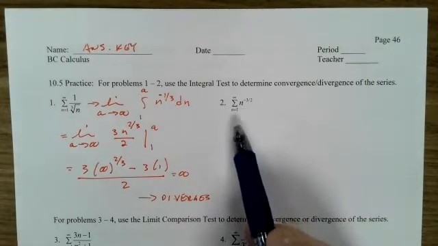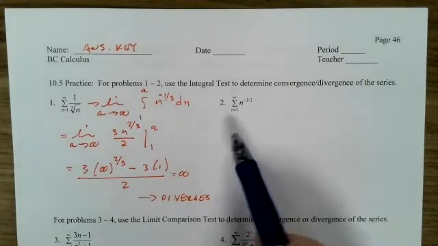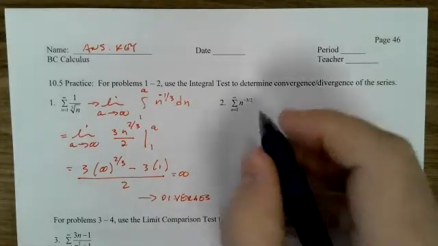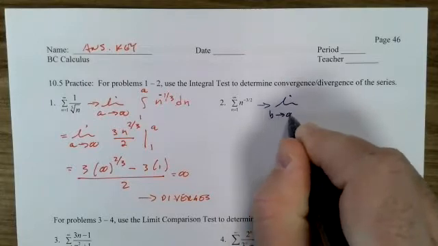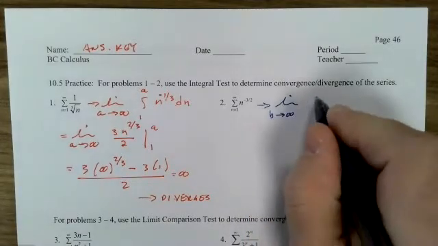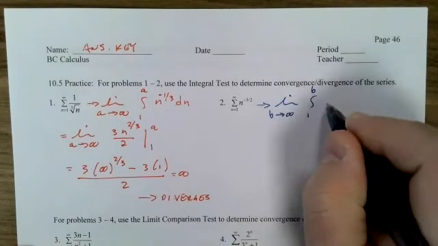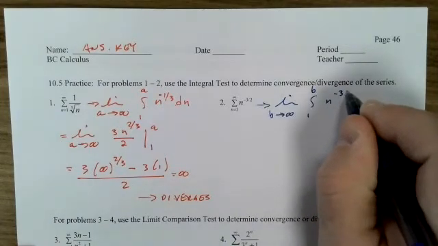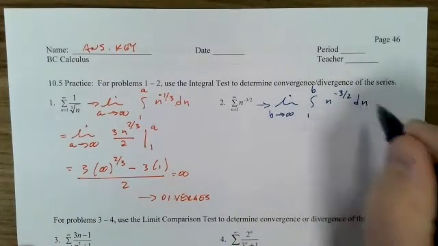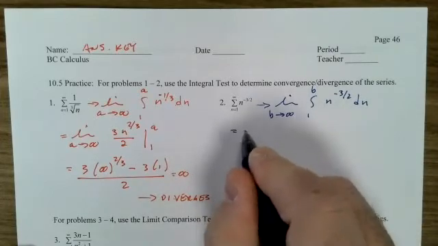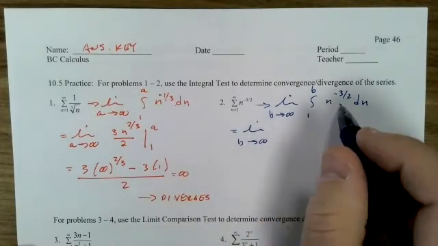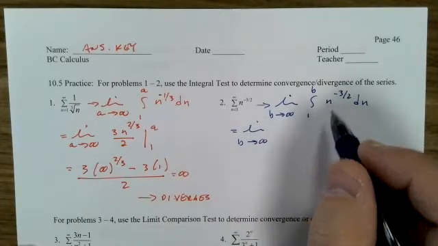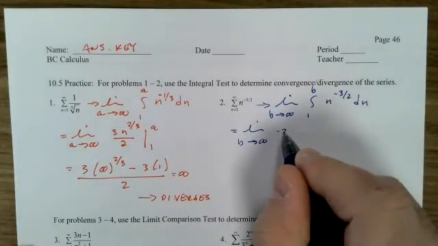Now this is n to the negative 3/2. That's going to be 1 over n to the 3/2. This one's going to work. So limit as b goes to infinity, integral from 1 to b, n to the negative 3/2 dn. Add 1, negative 1/2, divide by negative 1/2, negative 2.